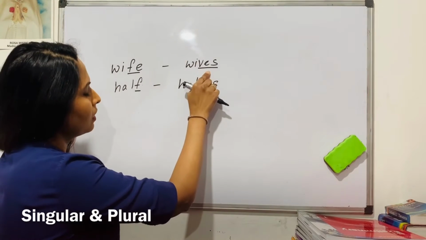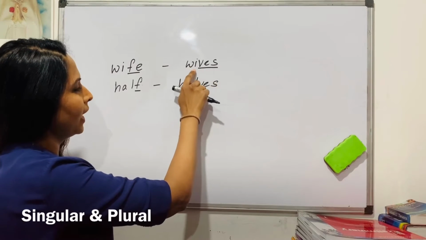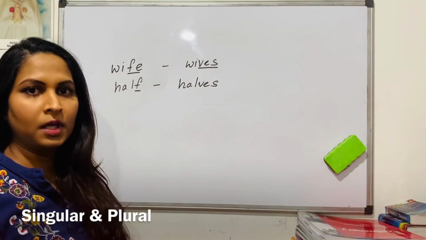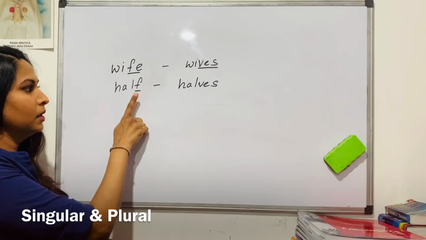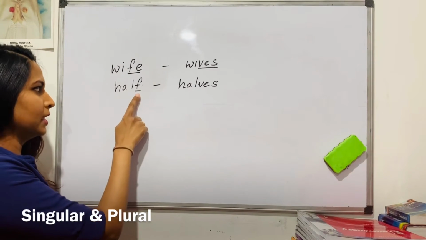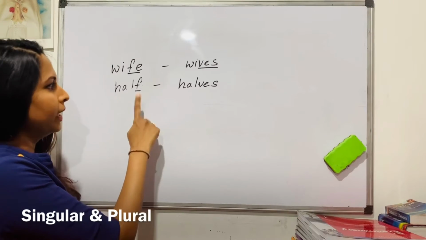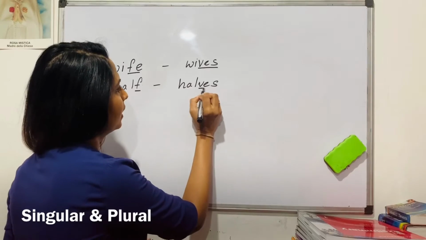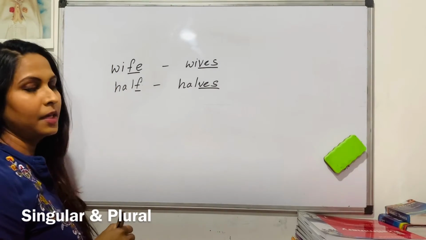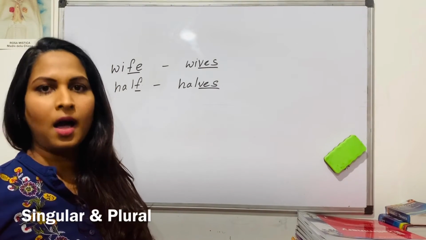And when it comes to the plural noun, we add VES and we pronounce it as wives. Half, this word ends in F. At that time, when it comes to the plural noun, we just add VES and we pronounce it as halves.